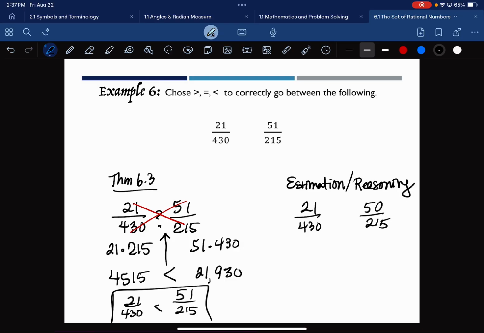Bigger denominators also mean smaller fractions. So everything about that first fraction says I'm smaller than the second one. For this one, the numerator is smaller and the denominator is bigger, and both of these things tell you that you have a smaller fraction.